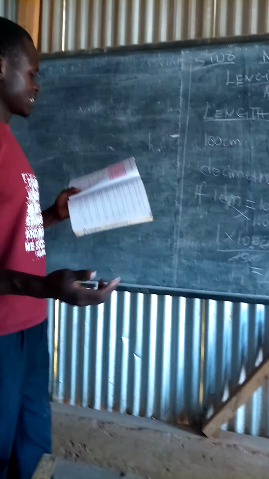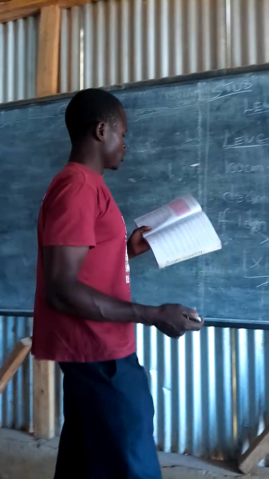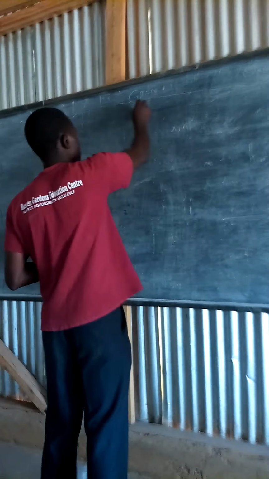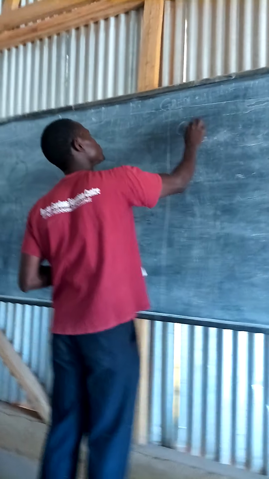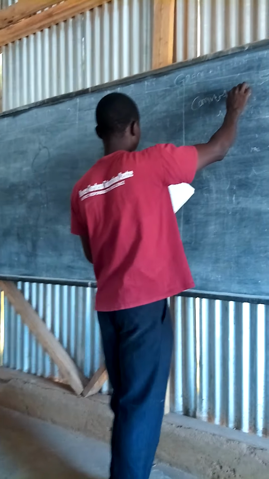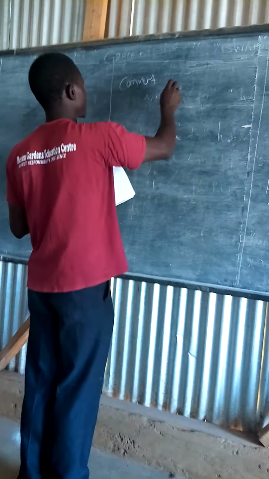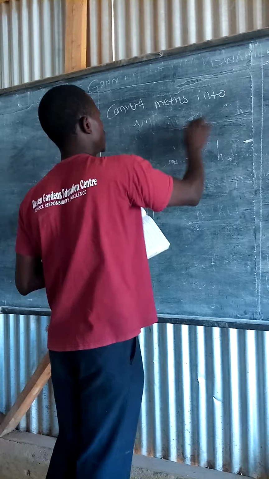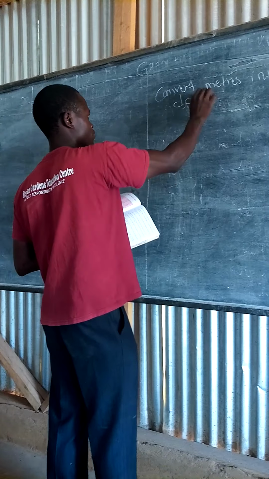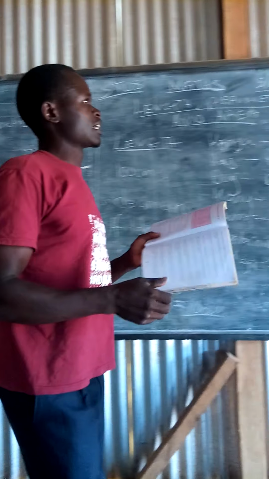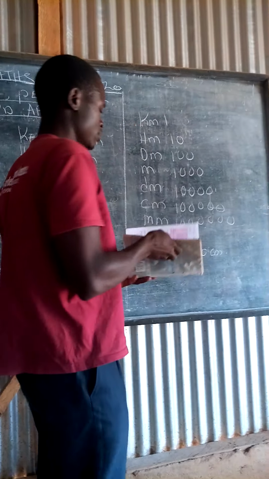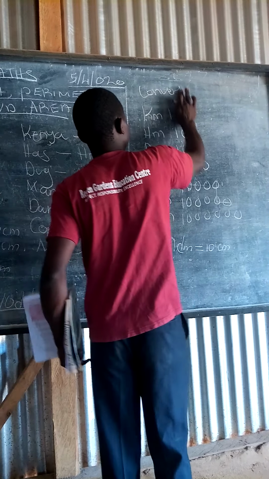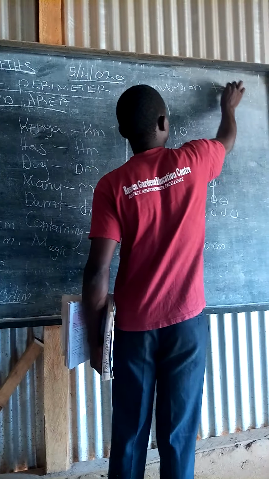Let's look at another one. For example, you are told to convert 5 meters into decimeter. Still, you'll have to use your table. This one will be referred to as the conversion table.